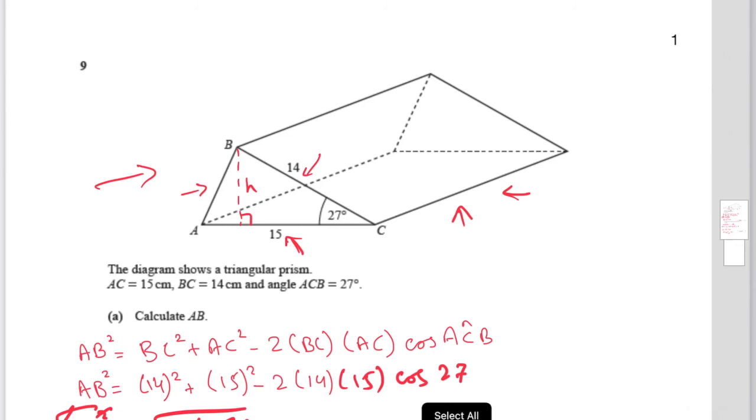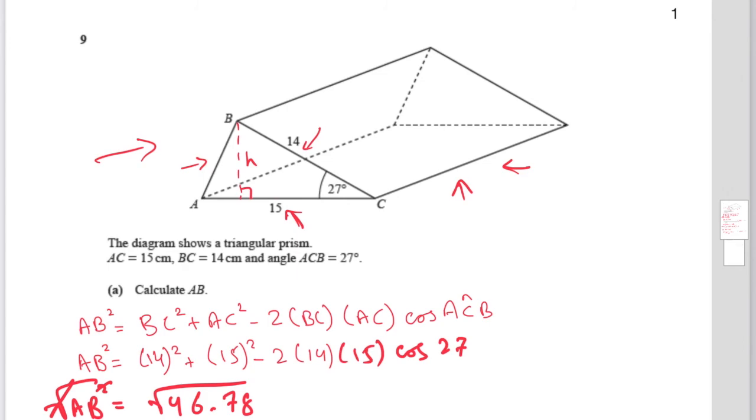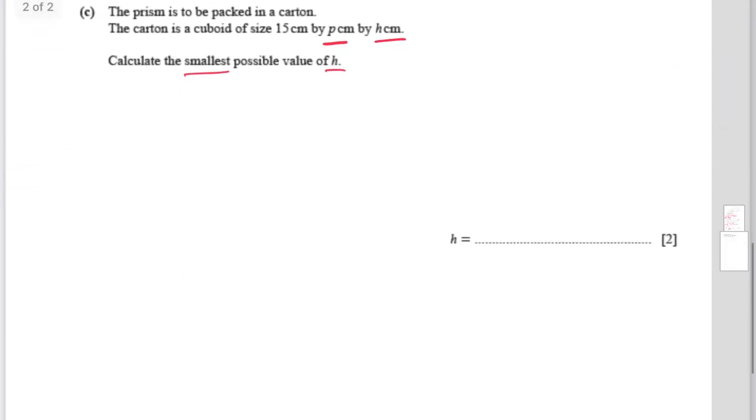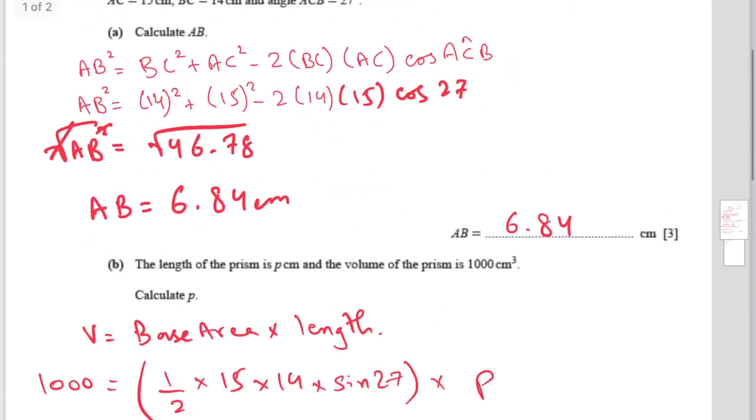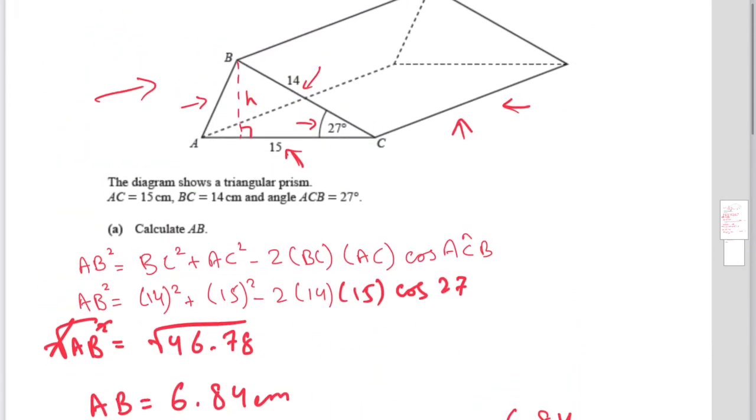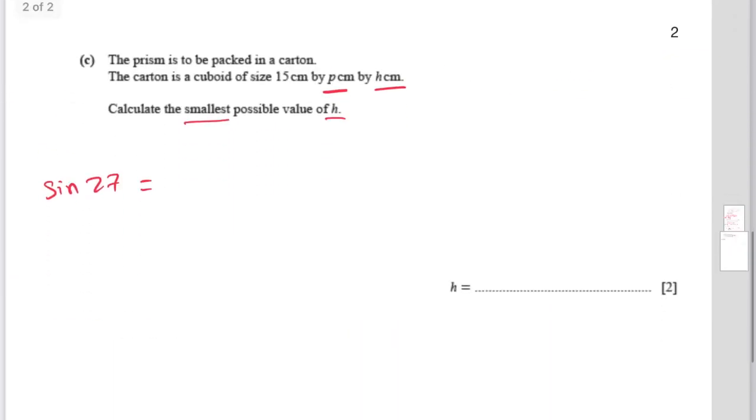So how do we do that? We use trigonometry to do that. So H is opposite of 27 degrees. So we write the formula: sine 27 is equal to the opposite, which is h, over the hypotenuse, which is 14.